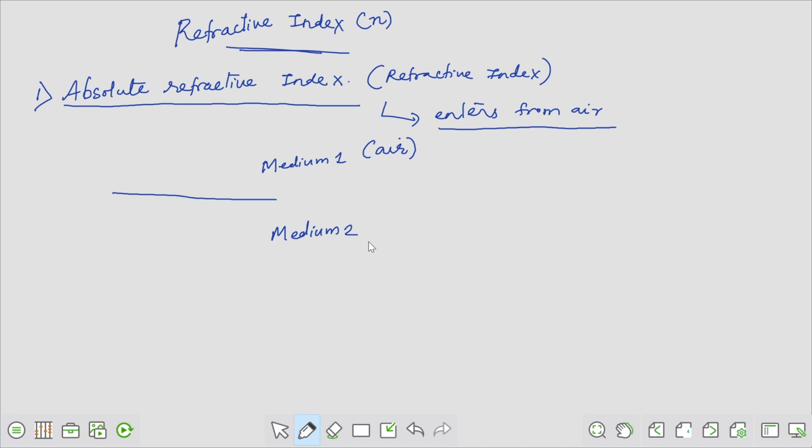The second medium can be anything: air to glass, air to water, air to diamond, or any transparent medium. But light should always enter from air. If it is absolute refractive index, the entrance point of light is air.